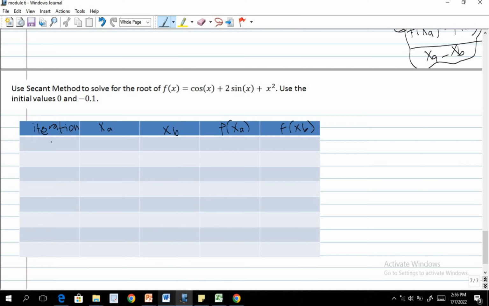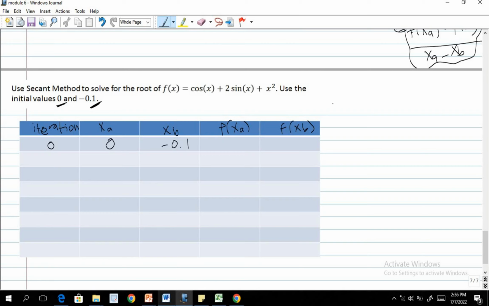So, let's start my iteration at 0. Ang xa ko, given naman na, para hindi na ako matagalan, my xa is 0. My xb is negative 0.1. Now, what is f(xa)?